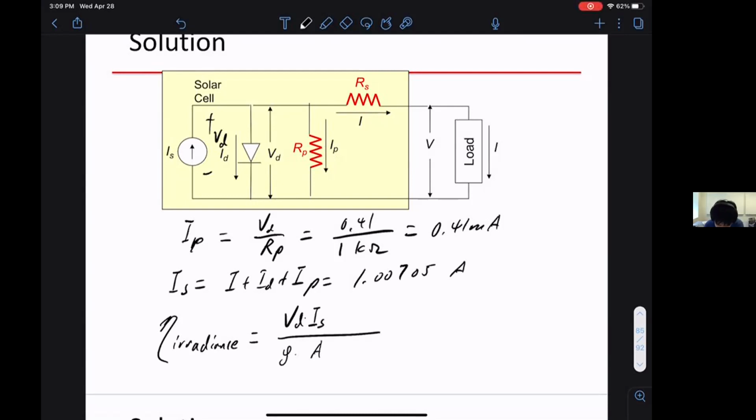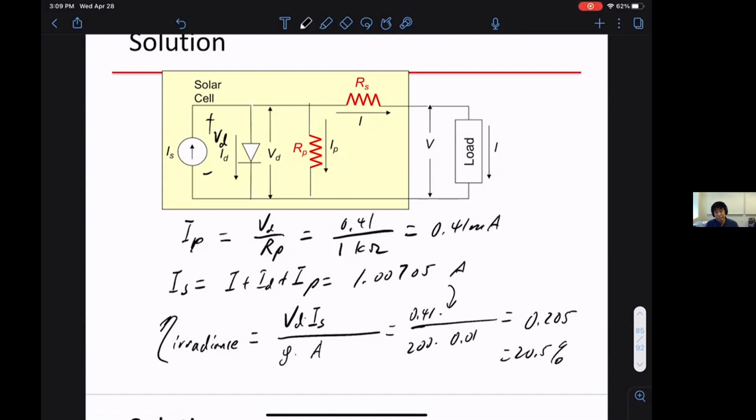So this is 0.41 times the current from above, over 200 watts per meter squared times 0.01 meters squared. I get about 0.205, or 20.5% efficiency. So about 20% of the energy contained in the sunlight gets converted to electric power.